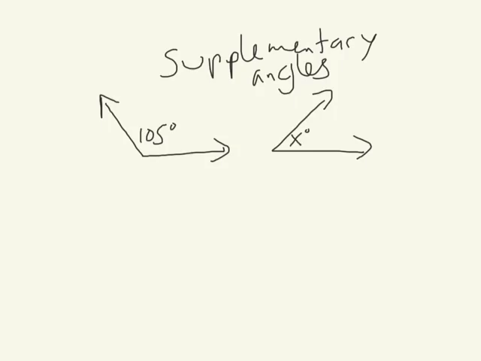So please pause it now and figure out what our missing angle is. All right. Well, if you said the missing measurement was 75 degrees, you would be correct because 105 plus 75 would equal 180 degrees. Nice job.